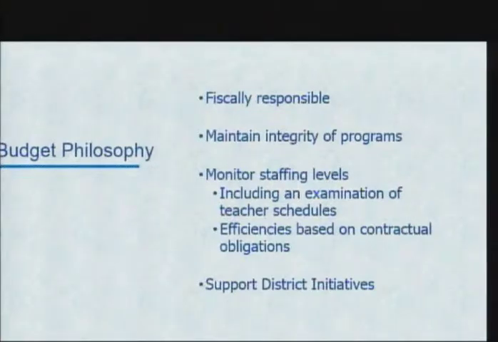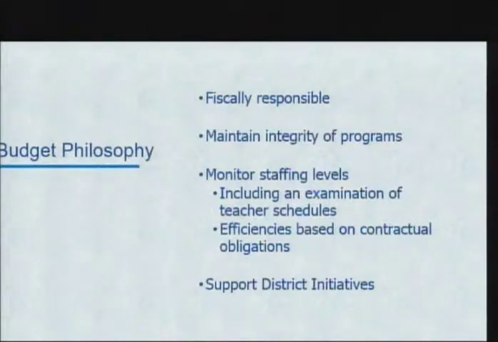And of course, one of the priorities, and I discussed this with you earlier, were the district initiatives, which were only really two major ones. We tried to maintain those and offset the cost of those with savings elsewhere. And I think we were successful at that.